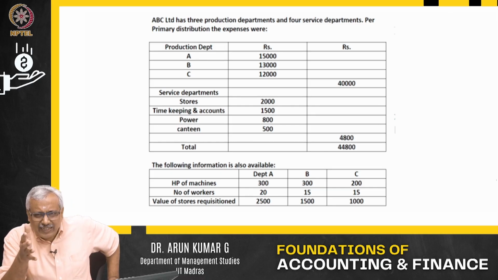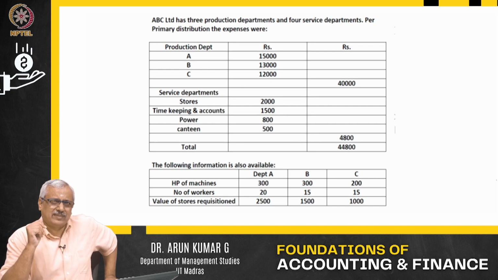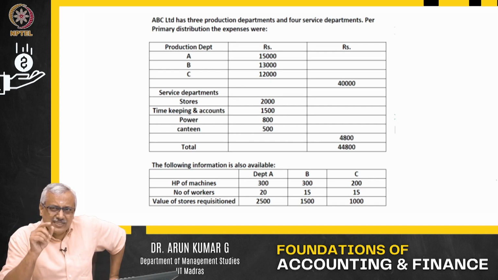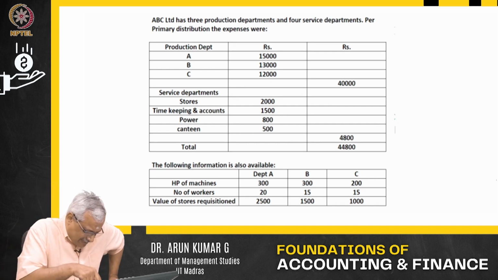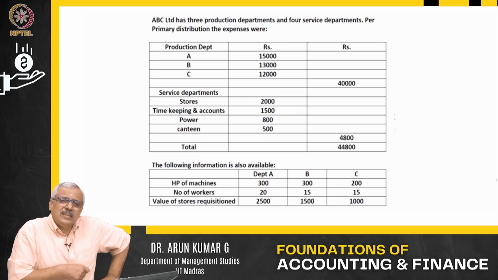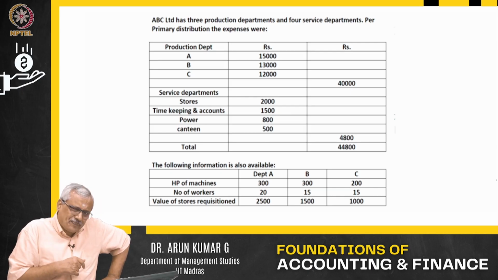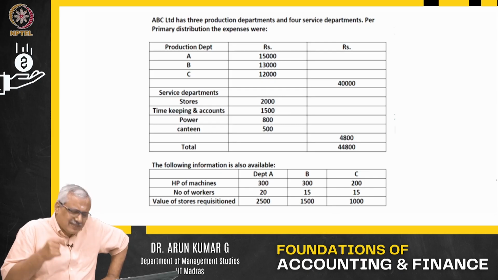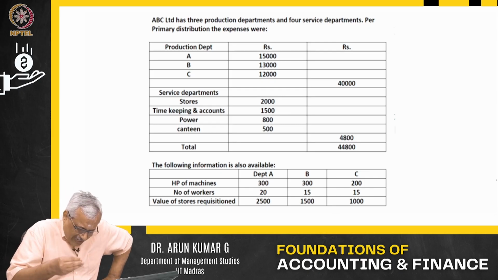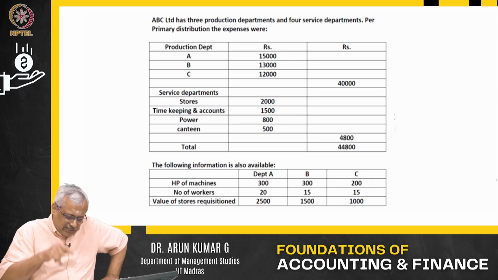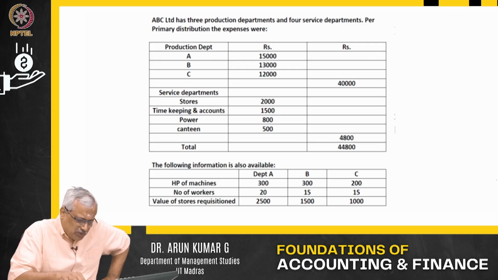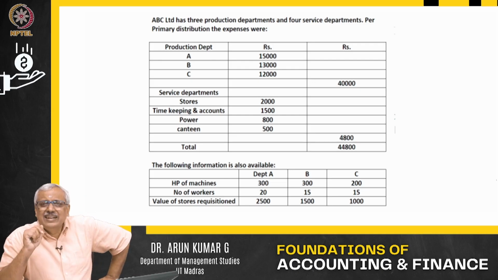Now historically, in the conventional system, traditionally, the costs were allocated on a basis, the basis is given here. One of the bases is HP of the machine, HP is horsepower of the machine, number of workers, and the value of stores requisition. One of these bases is used for allocating this cost. Historically, this is what is being used.